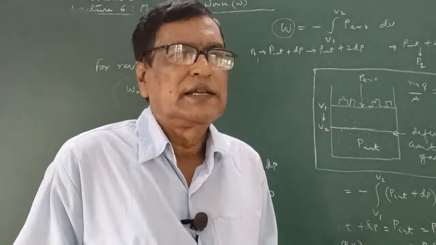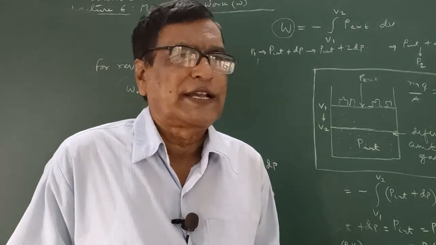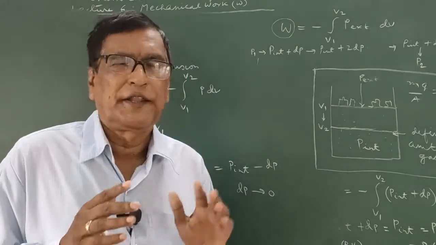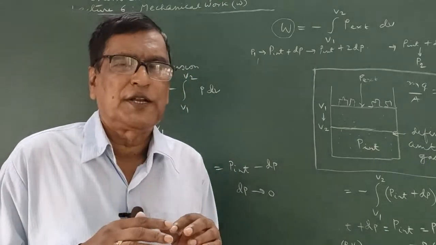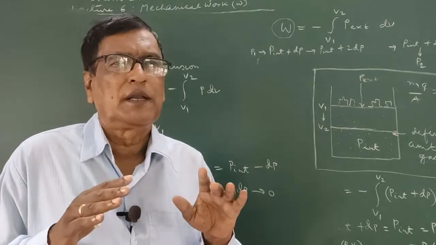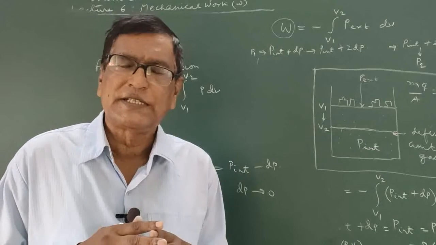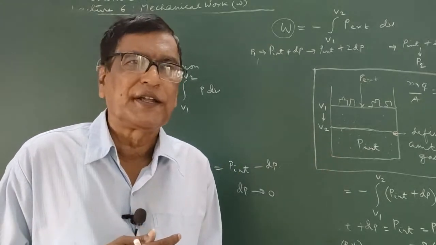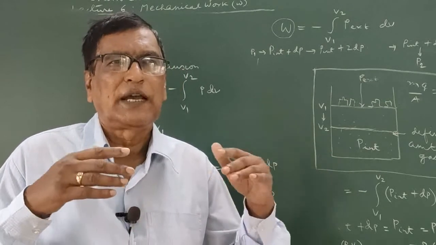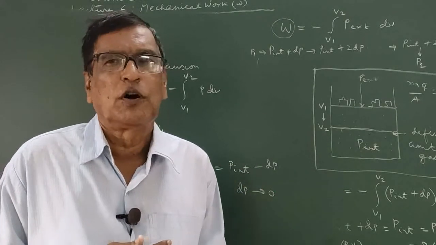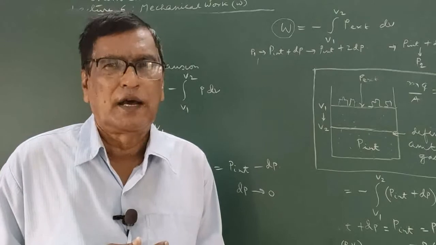Now I shall try to explain the work required for compression in an isothermal reversible process and an adiabatic reversible process, and which one will be greater, that I want to show you in the form of an indicator diagram.